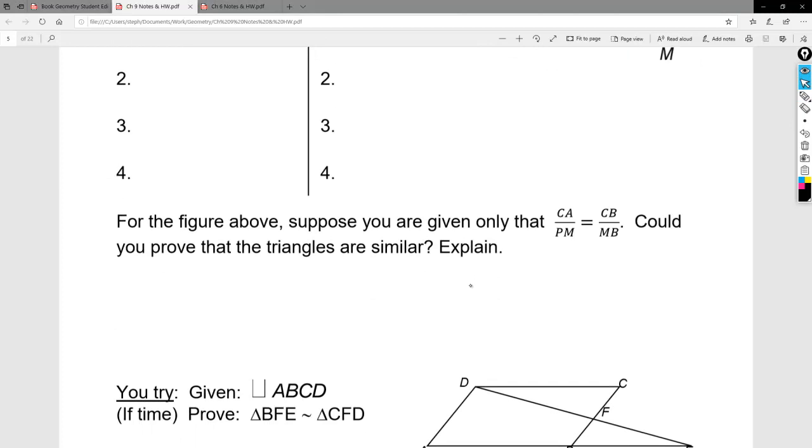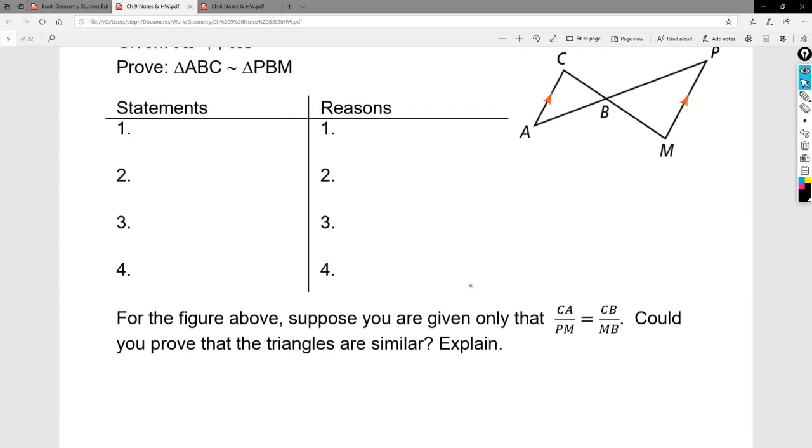Then they ask if we're only given that CA is to PM as CB is to MP, then could I prove that these triangles are similar? So meaning that I did not know that these two lines were parallel.